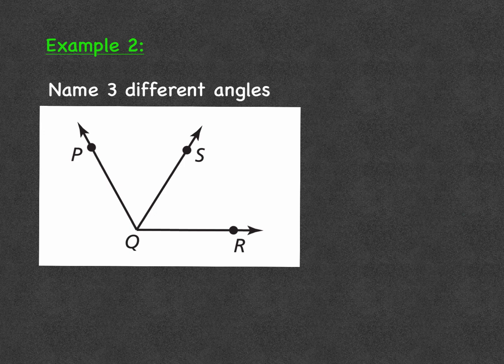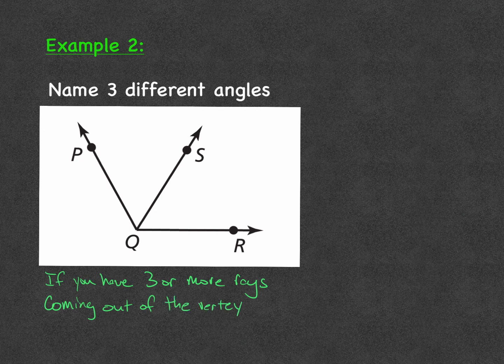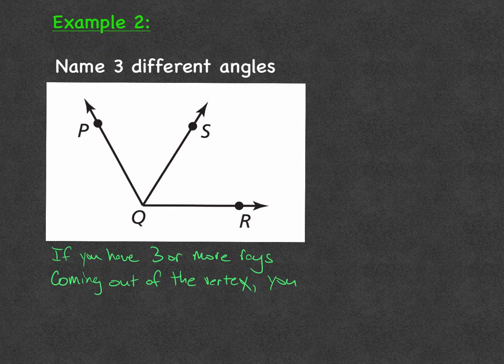So let's take note that if you have 3 or more rays coming out of the vertex, you cannot name the angle with only the vertex.